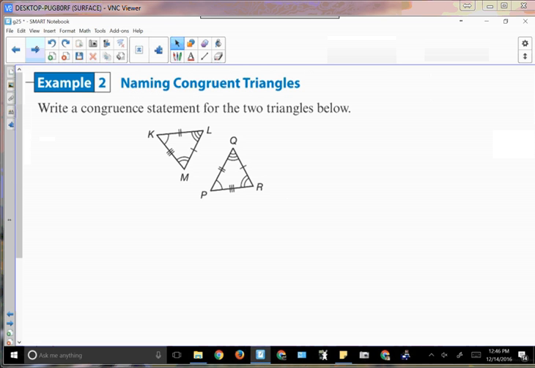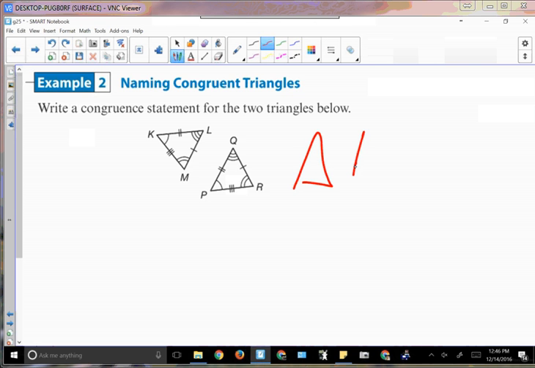So, if I want to name the congruent triangles here, if I start off with the first triangle, that's KLM, right? The next triangle, which angle corresponds to K? That's got to be P, right? What corresponds to L?